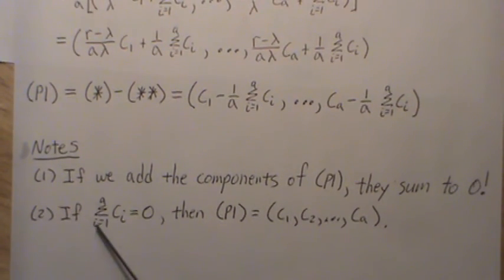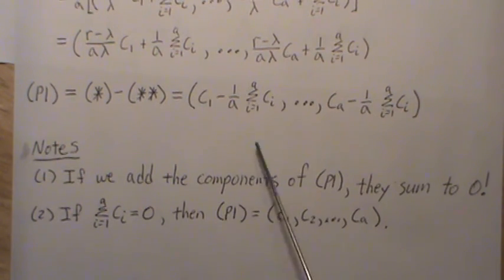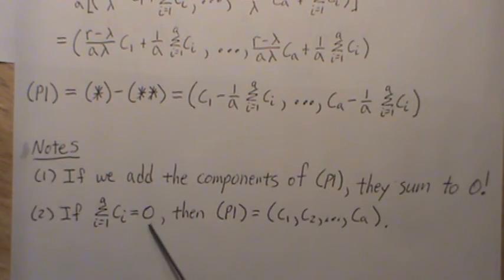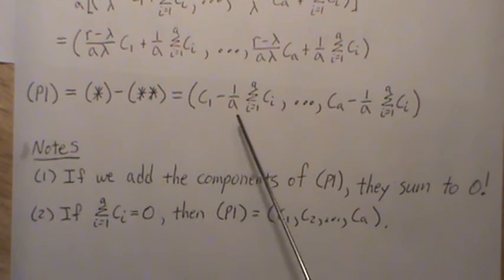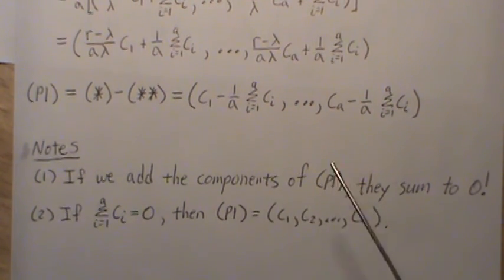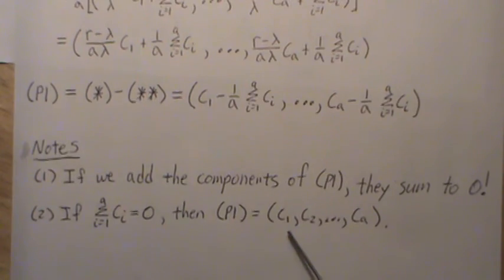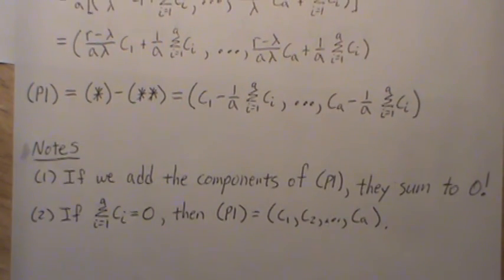And another property that we're going to take note of, if we already go into this saying that the CI's must sum to 0, then this vector becomes C1, C2 to CA.